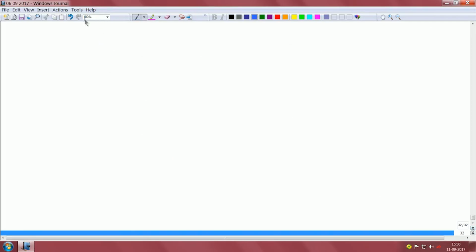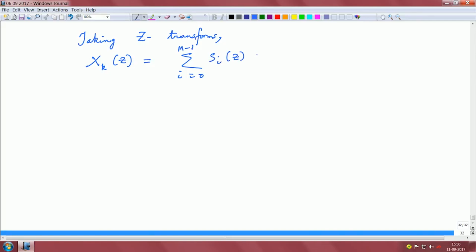So taking Z transforms, xk of Z equals summation i equals 0 to m minus 1 Si of Z Wm power minus k times i.